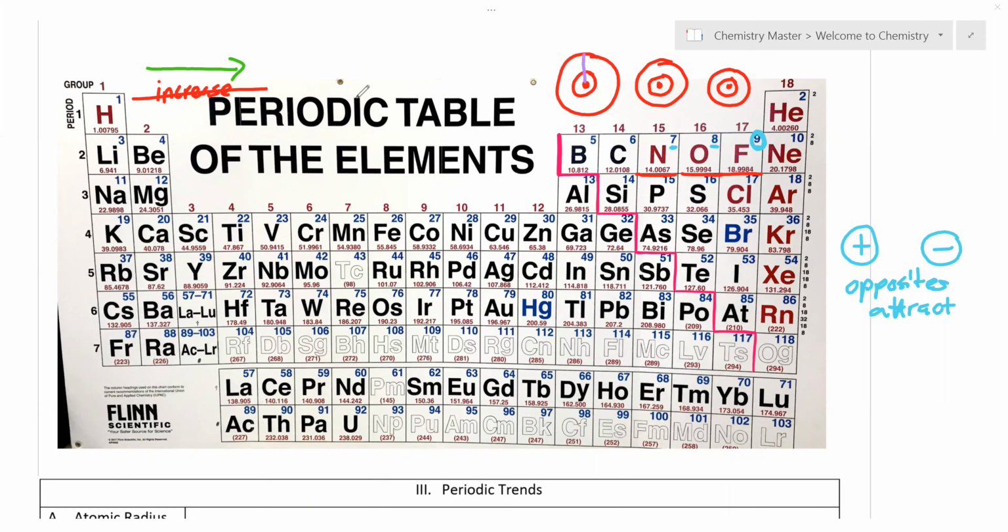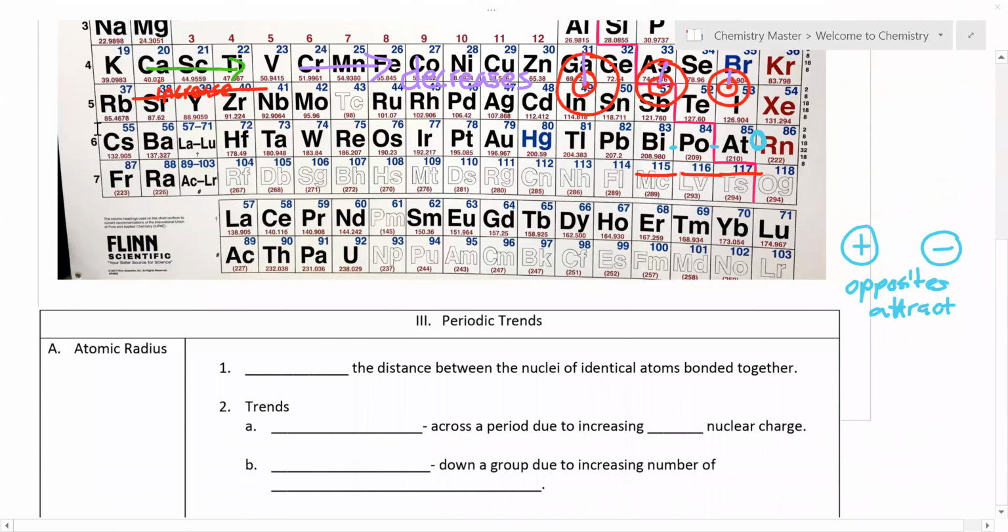So if I look at this radius versus this one versus this one, it gets smaller. So as we go this way, atomic radius decreases. Atomic radius is going to decrease as you go to the right. So let's write that down in our notes.